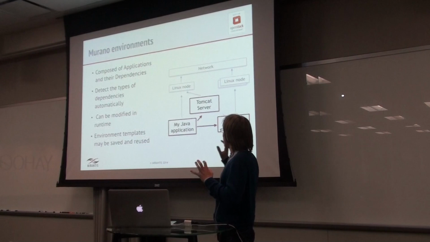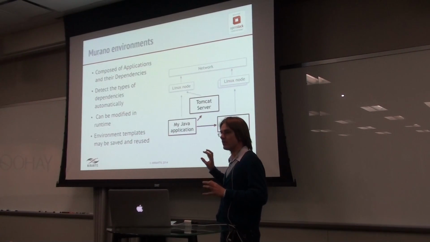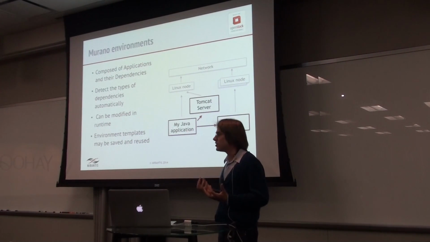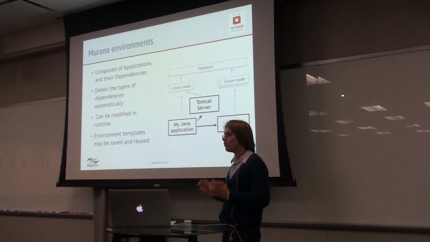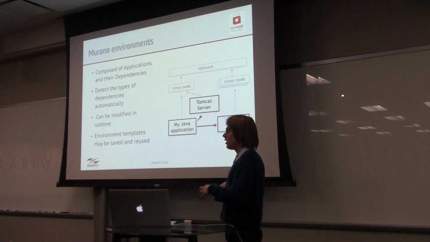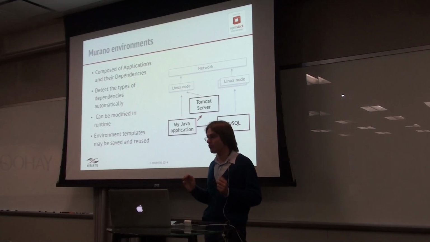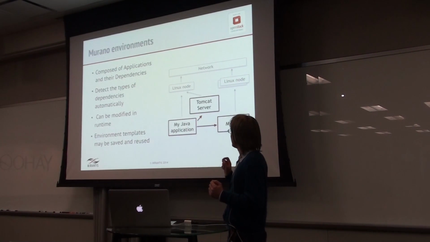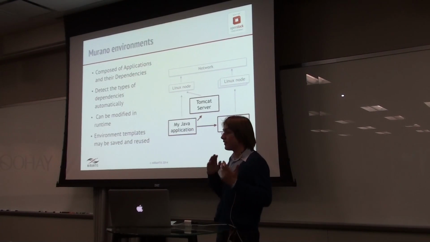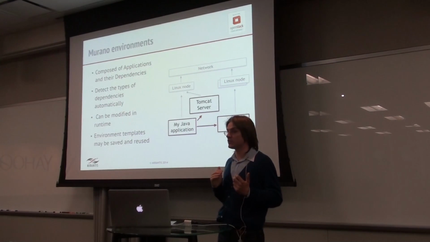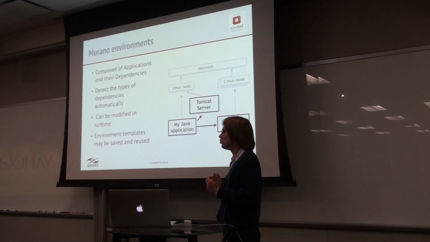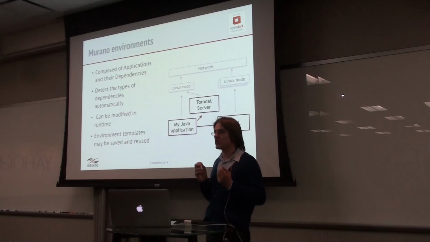When the user composes this environment, he just builds definitions of these entities. And then, when it's ready to be deployed in the cloud, Murano does the rest. Murano deploys all the entities using various deployment mechanisms, using Heat, using on-VM side configuration, all that stuff. An important thing here is that, as I said when I was speaking about user experience, we want the user to do as few actions as possible.